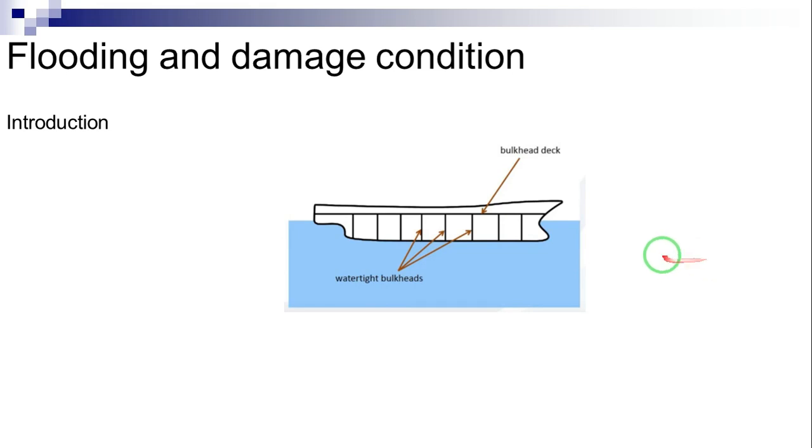The need for international regulations governing the subdivision of the hull into watertight compartments became clear after the Titanic disaster in April 1912. A meeting was convened in London, leading to the adoption on 20 January 1914 of an international convention of the safety of life at sea.